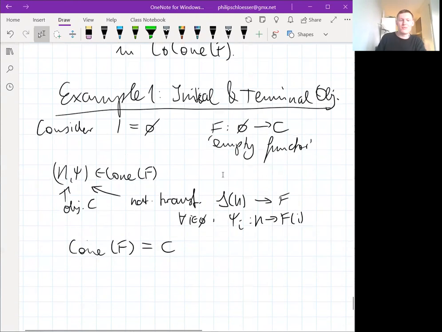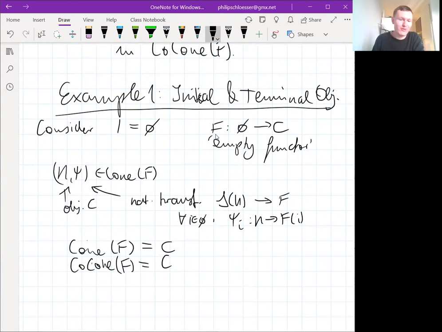And similarly, co-cones, but we don't have anything to map from. So what's in the chat? Yeah, so we don't have anything to map from. So whatever our psi is, it isn't anything.